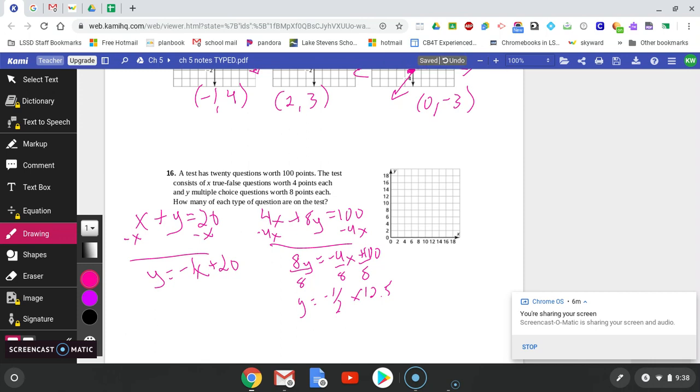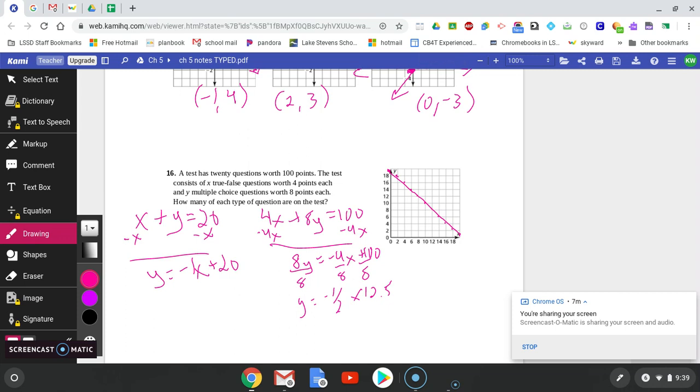So if I am graphing them, the first one has a y-intercept at 20 and a slope of negative 1, which means I'm going down 1 over 1. Let's take a look at my scale. They're going down by 2s and over by 2, so I can just follow it down. And that is going to be my first graph.